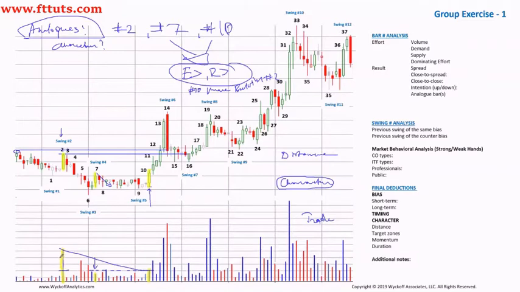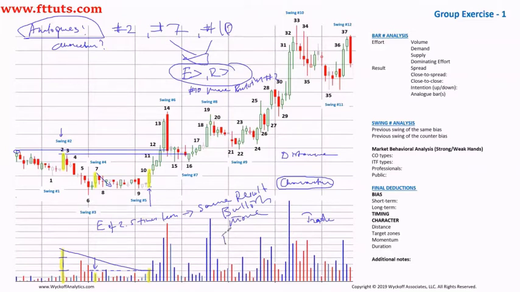So if we were to compare the results, an effort 2.5 times less produces the same result. Bullish or bearish? Bullish. And it seems like it's going to be even more bullish than bar number 2.